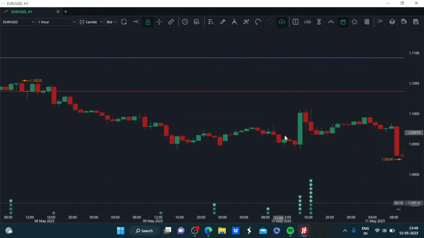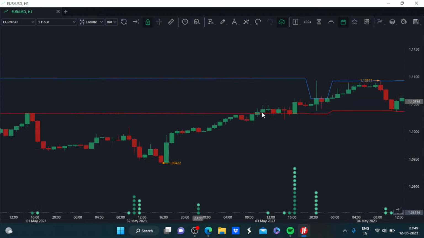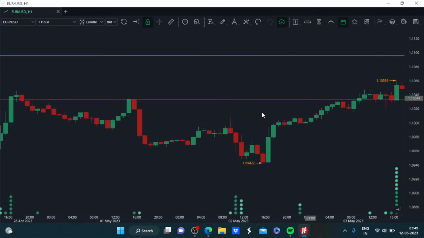So you get to know on which side the breakout is happening and also the prior trend, so you can then use this combined data to decide whether to go for a trade or whether to simply sit on the sidelines. So that is the beauty of this indicator.